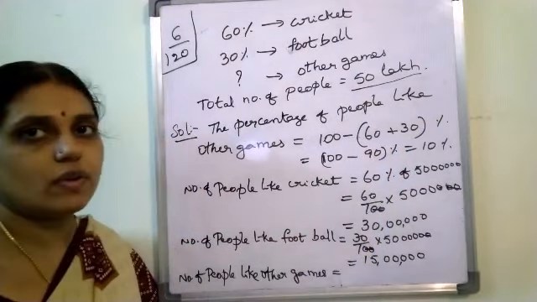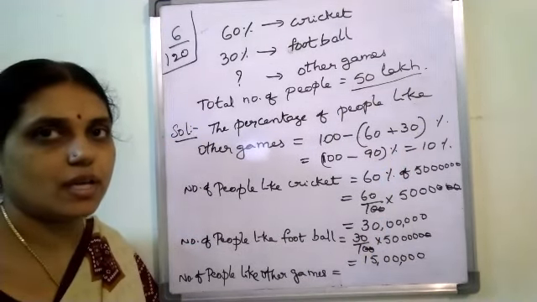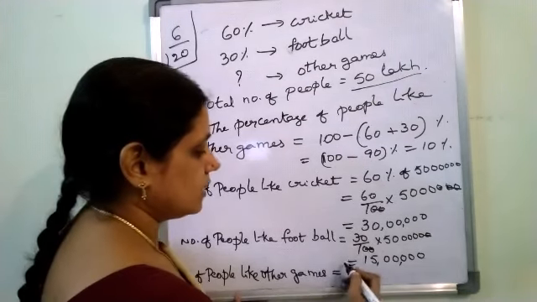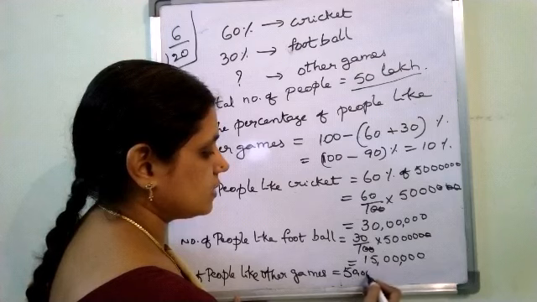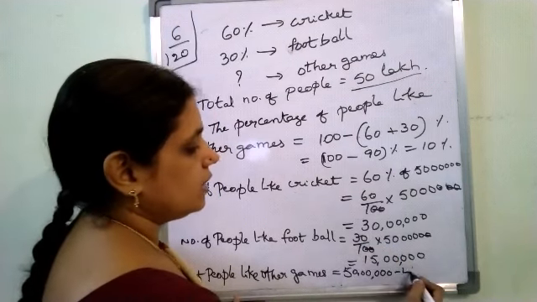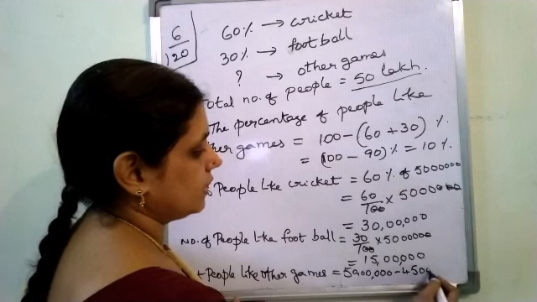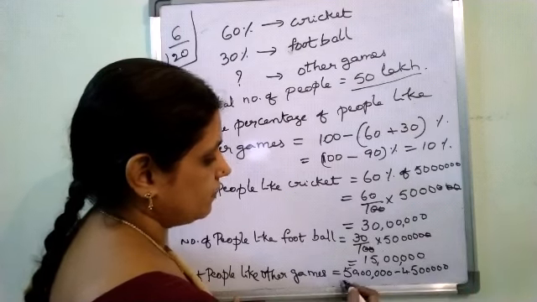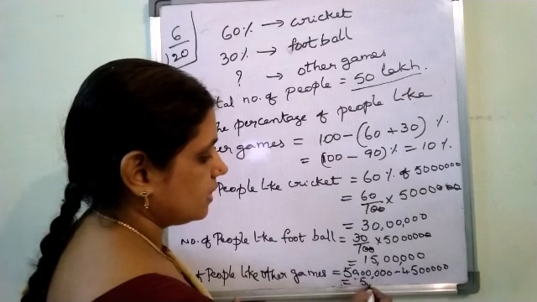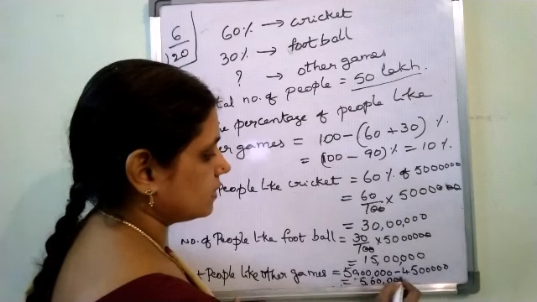So 50 minus 45. Even in that way you can do. Okay. Whatever way you want, you can do it. So I want to do it like that. So 50 lakh, that is the total number of people, minus 30 plus 15, that is 45 lakh, equal to 5 lakh.